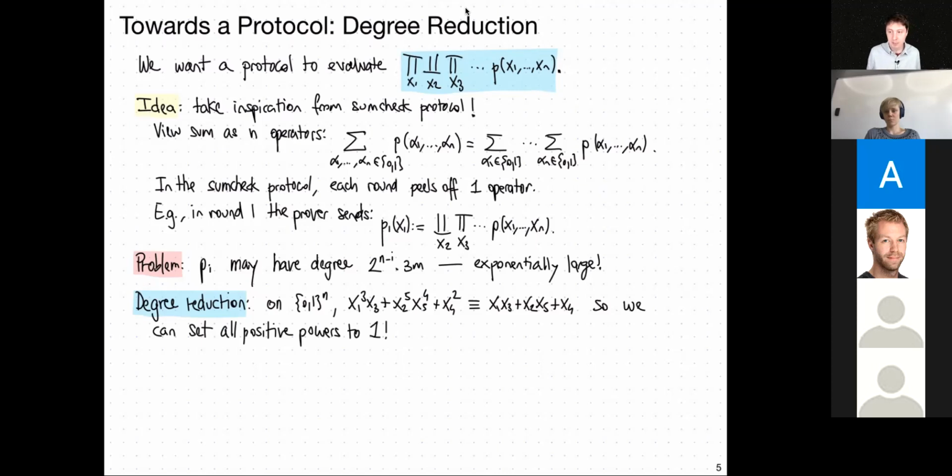Any variable that appears, for example x1 cubed, we just take the exponent, whether it is already 1, or 3, or 10, and we set it to be 1. So we can just take a polynomial and replace any power with 1. Why? Because these two polynomials agree everywhere on 0, 1. When you plug in 0, 0 to whatever power is still 0, and 1 to whatever power is still 1. So they agree.